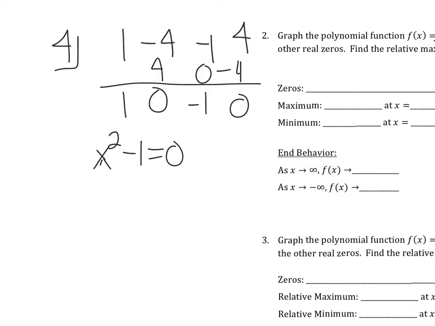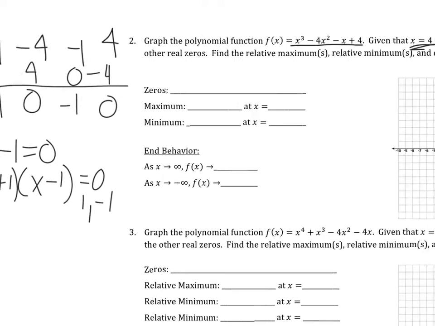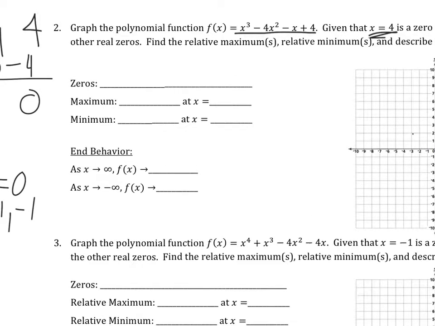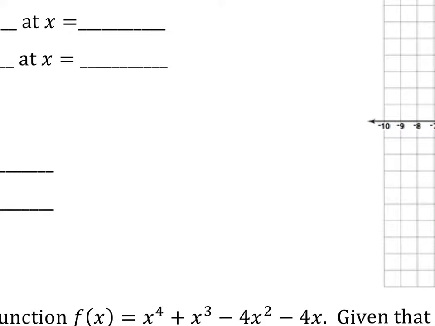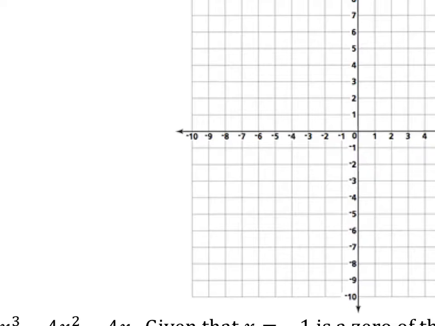You might have to do a little bit of thinking on your factoring, but that's actually x plus 1, x minus 1. So my answers are going to be 1 and negative 1. My zeros for this are going to be 4, negative 1, and 1. You might want to consider marking those down.